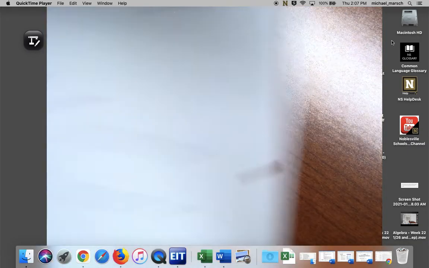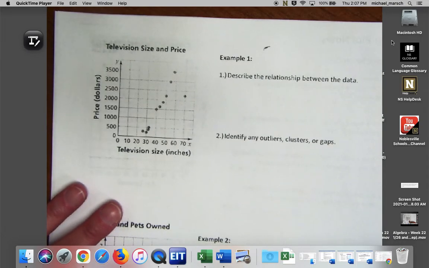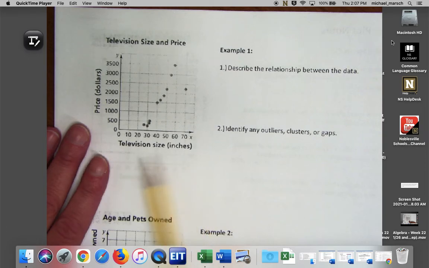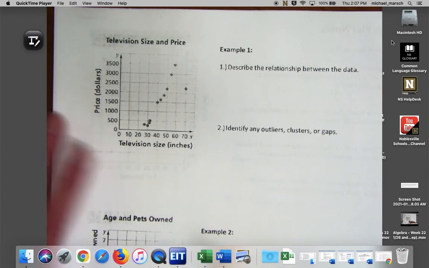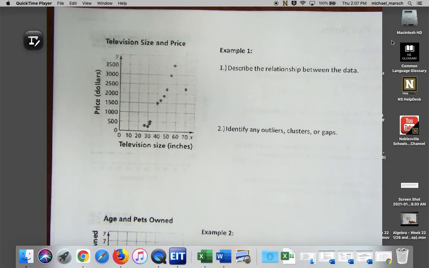We've got television size in inches and price. Third period was really surprised to know that the size of your television set is the diagonal. Did you guys know that? I drew a picture up there underneath the math poster.